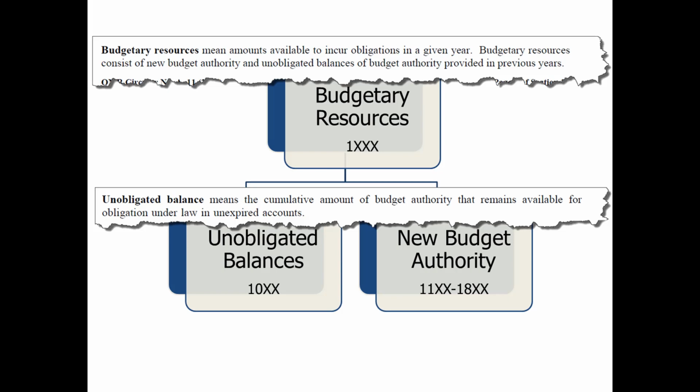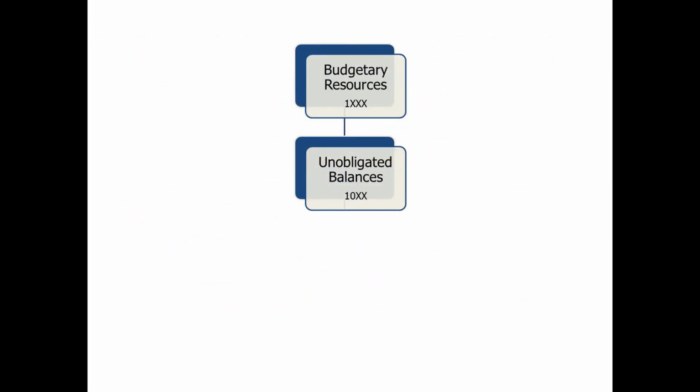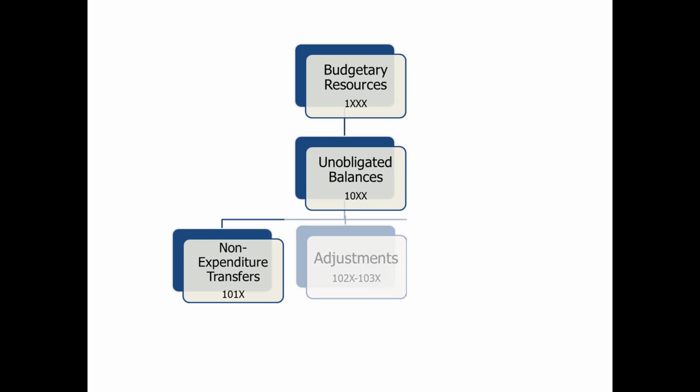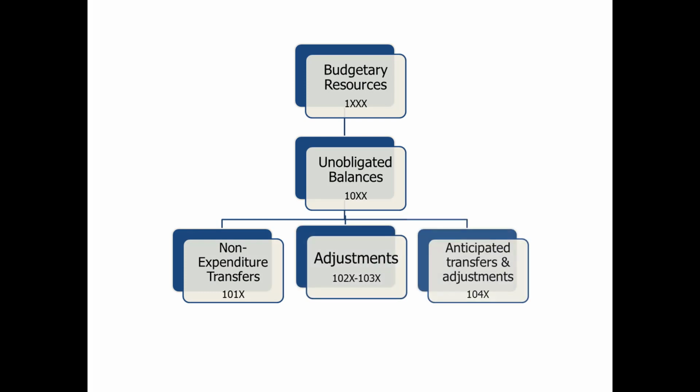Since they come first on the form, let's first focus on the lines for unobligated balances. Unobligated balances are made up of non-expenditure transfers, adjustments, and anticipated transfers and adjustments. What do we mean by a non-expenditure transfer?